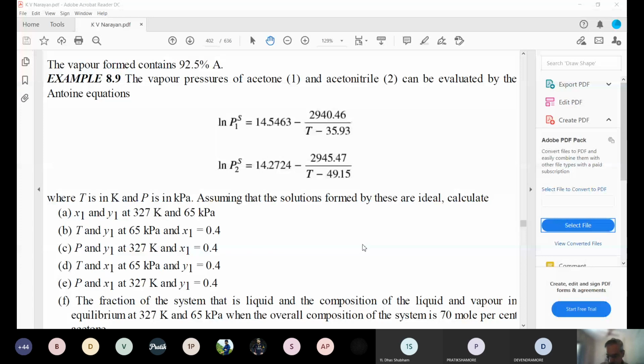And let us say 325 to 330, a 5 degrees change, how much change? 53.58 and 64.15, right? At 325 it was 53.58 and at 330 it was 64.15. So for a 5 degrees change in temperature, the pressure change was roughly 10 point something kilopascal, right?